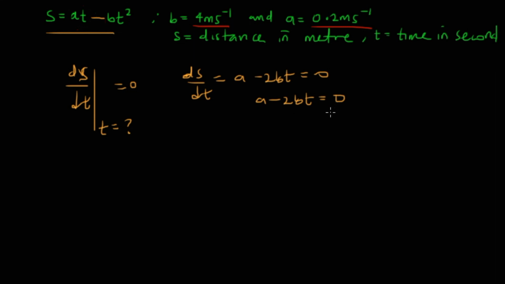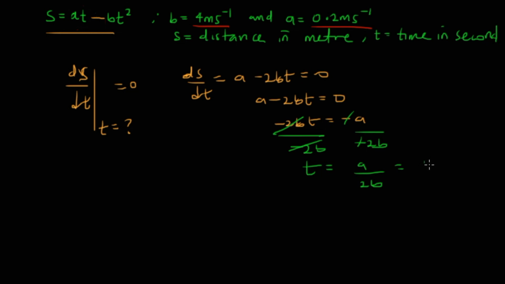So we get to solve this equation to obtain t. If we take the term to the other side, it becomes minus 2bt equals minus a. By dividing both sides by minus 2b in order to obtain t, then t has to be equal to a upon 2b, since the minus cancels out to give a positive.